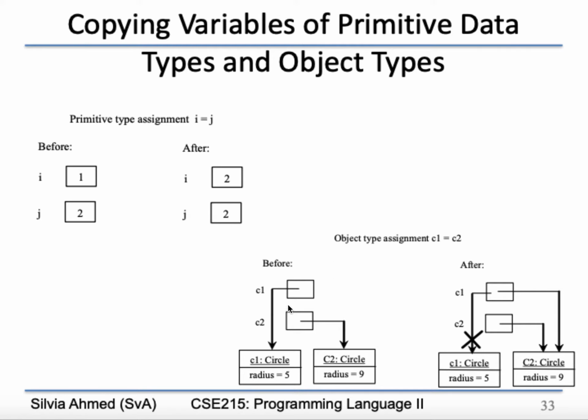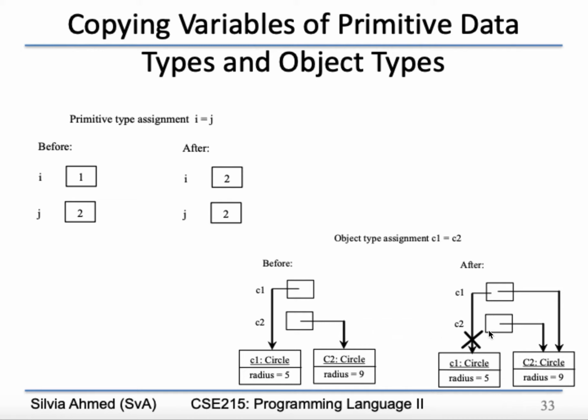Similarly, if we have two object references c1 and c2, that means c1 points to some particular circle somewhere else, and c2 holds the address of some other circle with radius 9, and then we have this assignment statement c1 equals c2. That means the value of c2 will be assigned into c1. What is the value of c2?